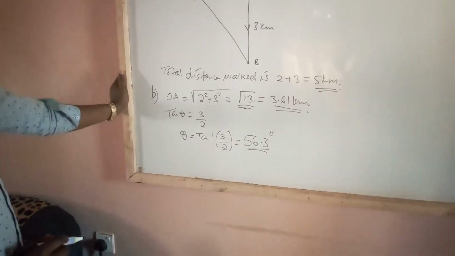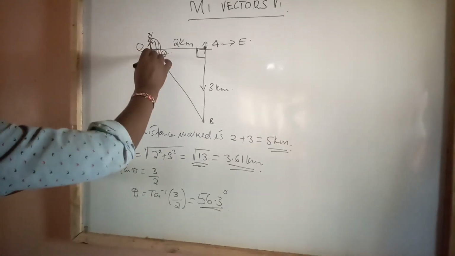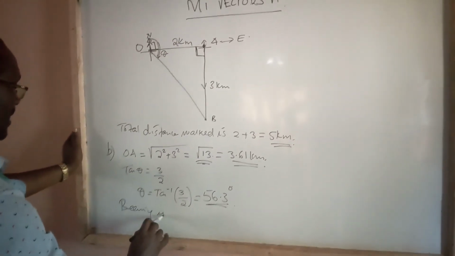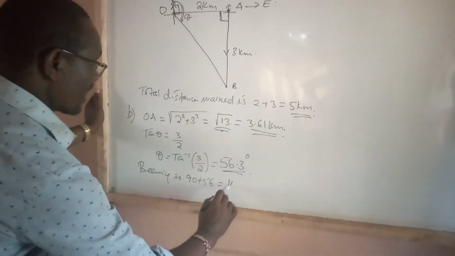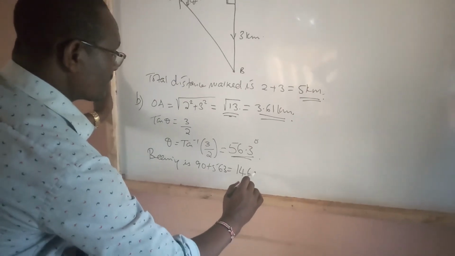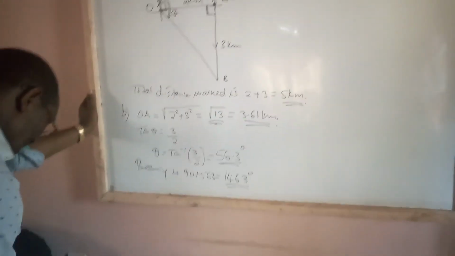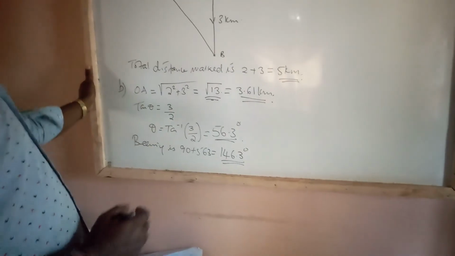The bearing of B from O is the whole of this angle, 90 plus 56.3, which is 146.3 degrees.